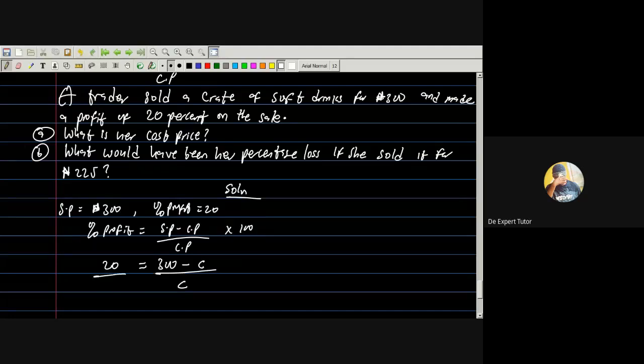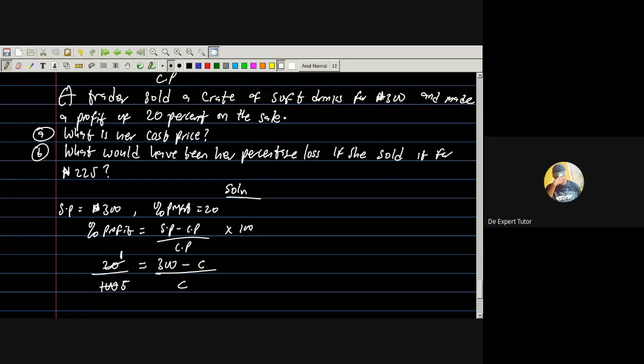If I put over 100 here, I don't need to say times 100 again. Or if you put times 100 here, you don't need to say over 100 here. But me, I love to say over 100. It is simpler to use that way. Now if you observe, 20 in this one will give me 5, so I have 1 over 5 here.